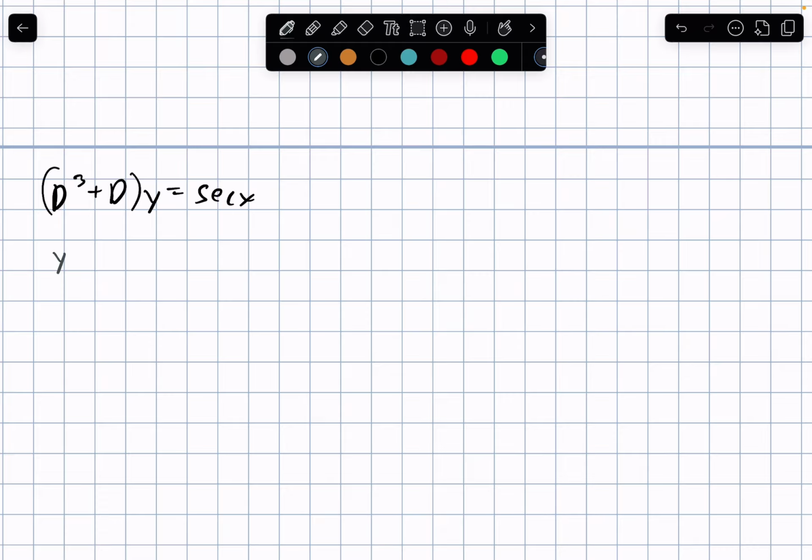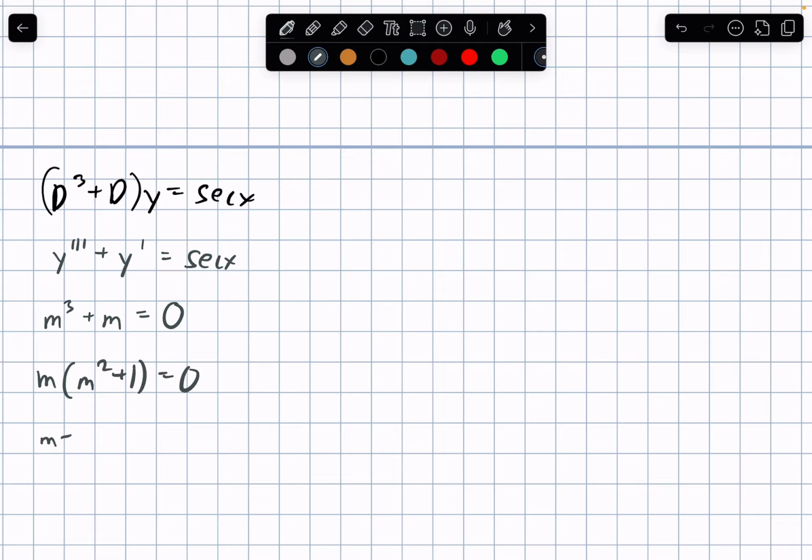So, okay, y triple prime plus y prime is equal to secant x. M raised to 3 plus m is equal to, sorry, equated to 0 already.